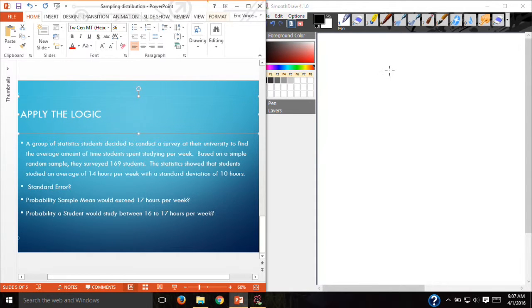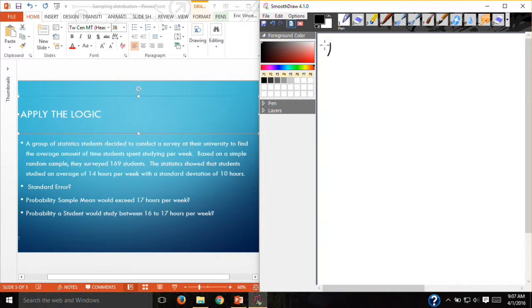There we go. So, first thing I want to look for are my knowns. So I know that my x bar, which is my mean, is any average or whether they specifically state a mean. So it says students studied an average of 14 hours per week. So my x bar then is 14 hours per week.